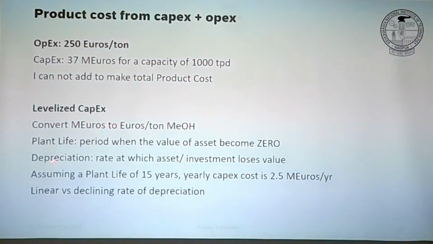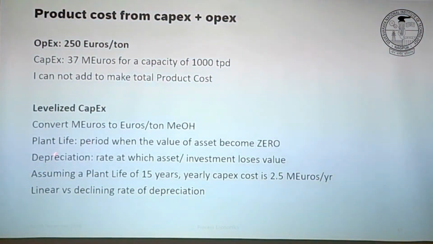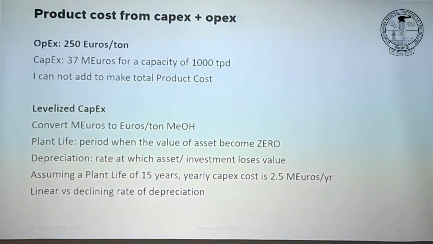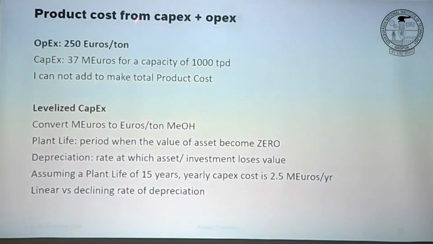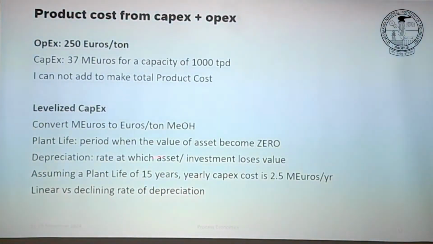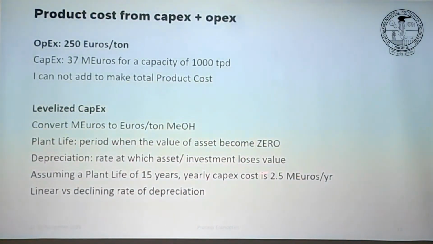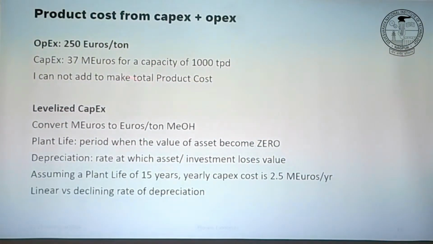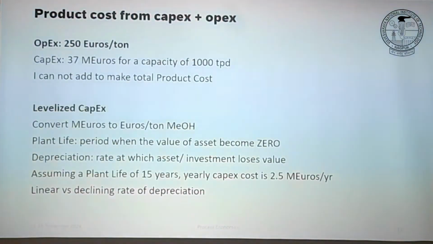As we said, there are two things. One is depreciation. That's the rate at which your plant is depreciating, and 15 years is what we consider for your plant value to become zero. That means your yearly capex cost will be somewhere around 2.5 million euros per year, so 37 divided by 15.